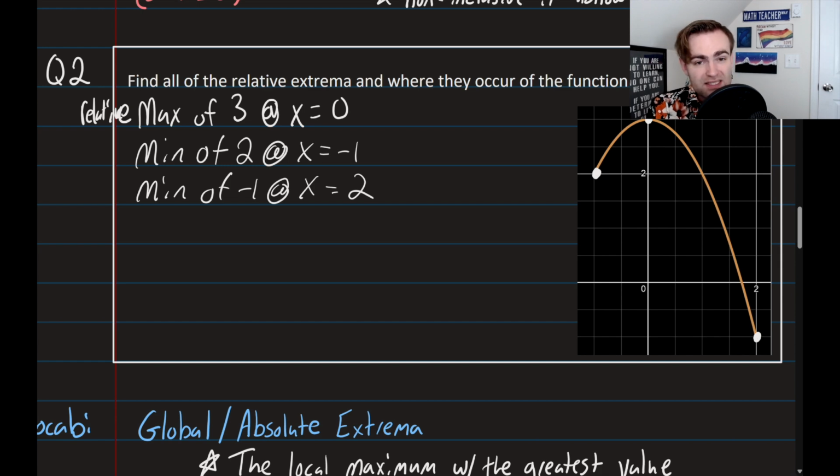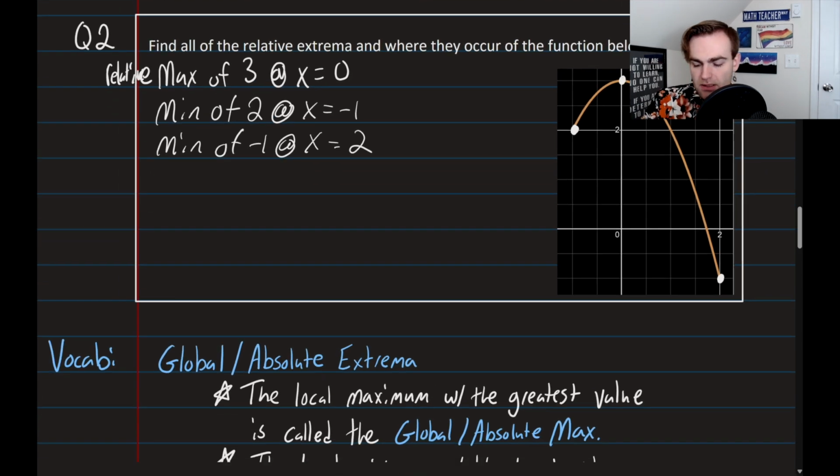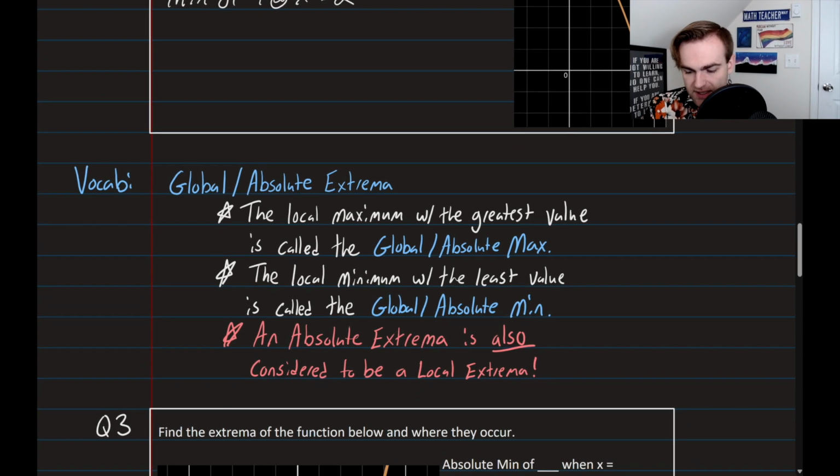Because 2 is a relative min, we can still go below it in some areas, so that wouldn't be the absolute min, but in its general location, it is the lowest. So I will leave this here for a second if you need to pause it and write that stuff down. Otherwise, we're going to move on.